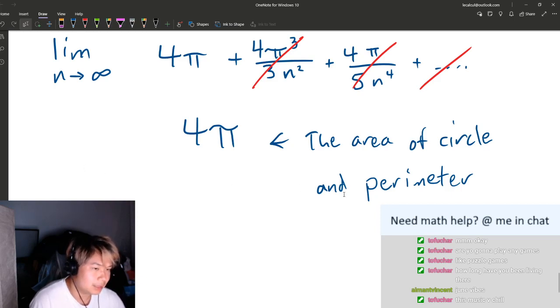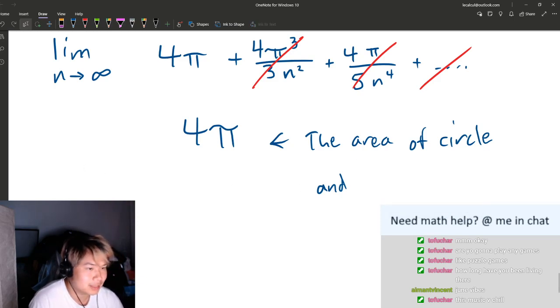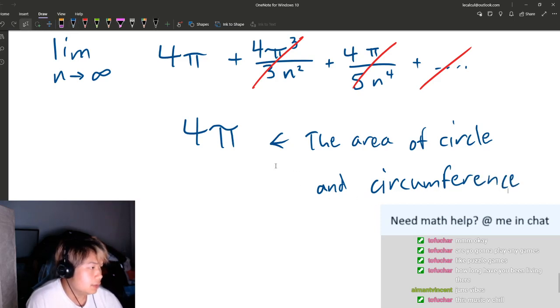Or stop saying perimeter. The perimeter of a circle is called a circumference. So there's a circle that exists that has the same area as its circumference, and that value of both the area and the circumference is 4 pi.